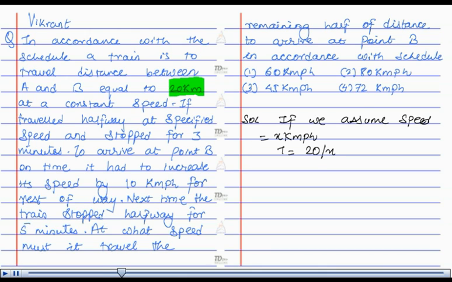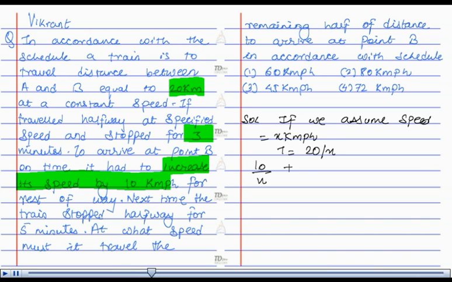So from the question we can say that the speed increased by 10 kilometers per hour, so it will be 10 upon x, plus it has stopped for 3 minutes, which has to be converted into hours, that is 3 by 60, plus 10, that is the half distance, upon x plus 10, it will be equal to 20 by x, that is the total time taken.